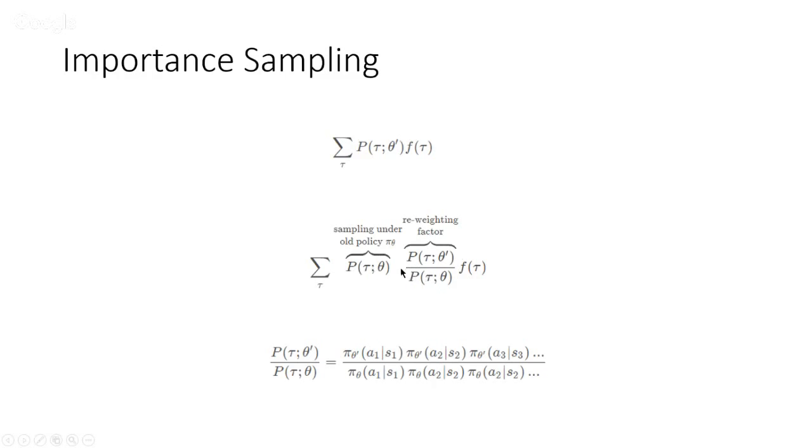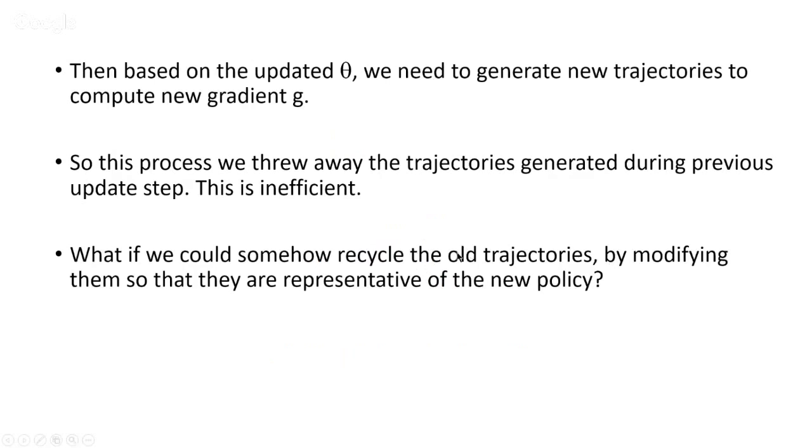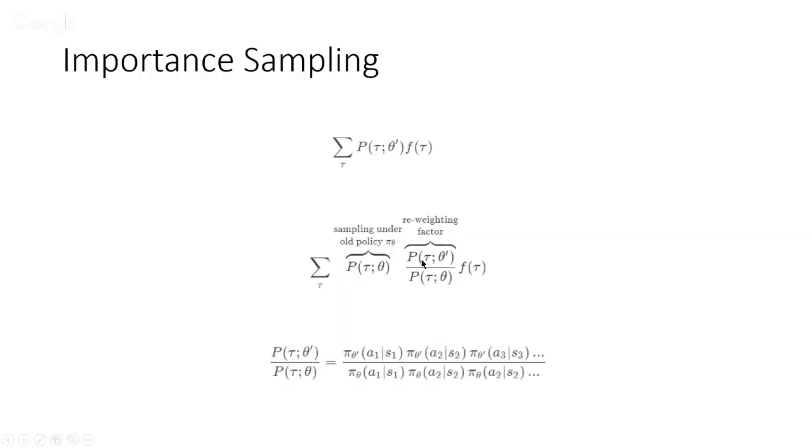In this way we can still use the same trajectory given the previous theta, but we just multiply it by a reweighing factor. So we transform our old trajectories, or the probability of having an old trajectory, such that they look as though they were generated using the new theta. And this is how we do that. We multiply them by a reweighing factor.